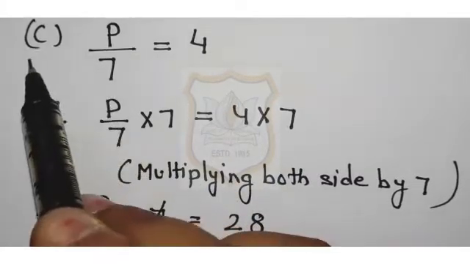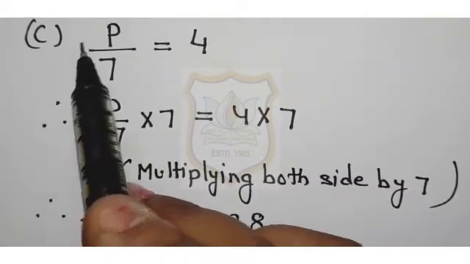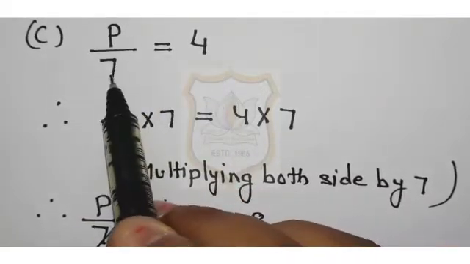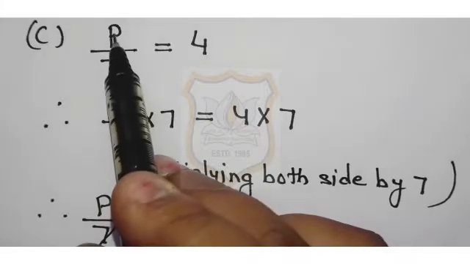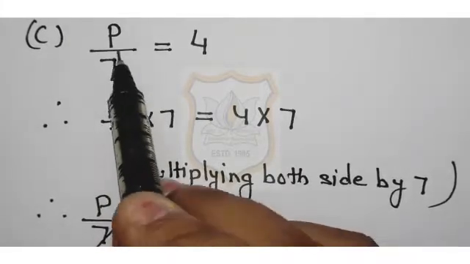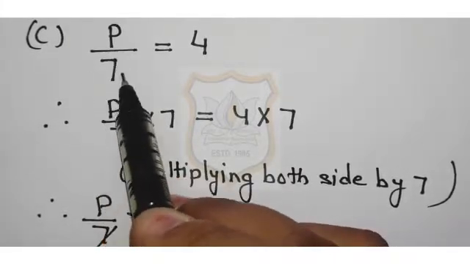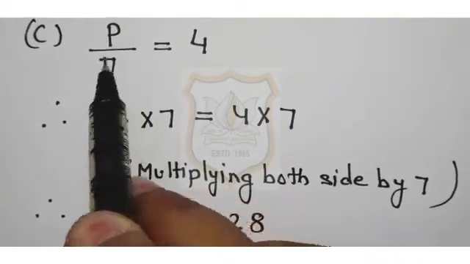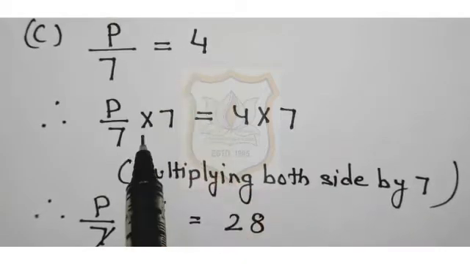Let us solve C part of question number 2, and that is P upon 7 is equal to 4. Now this 7 is a constant term and this P is a variable. We have to remove this constant term 7 from the left hand side. To remove this, we have to multiply both sides of the equation by 7.